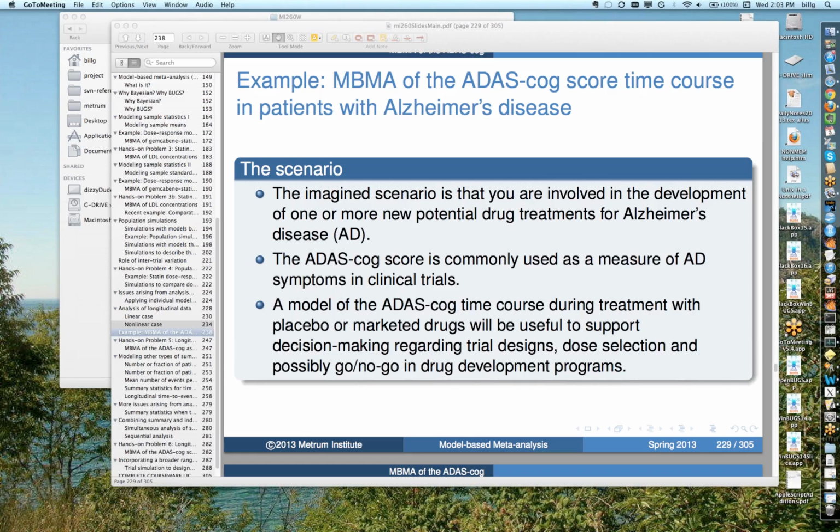So that's the first topic we'll do. The next is a discussion of modeling approaches when you're dealing with summary statistics other than sample means. We'll start on that, and that'll probably be as far as we go today.